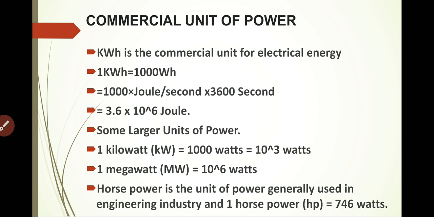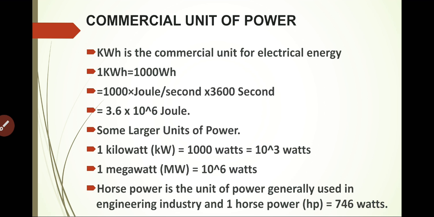As I told you, the kilowatt hour is the commercial unit for electrical energy. 1 kilowatt hour is 1000 watt hours, and when we convert it into joule, we get 3.6 times 10 raised to the power 6 joule.